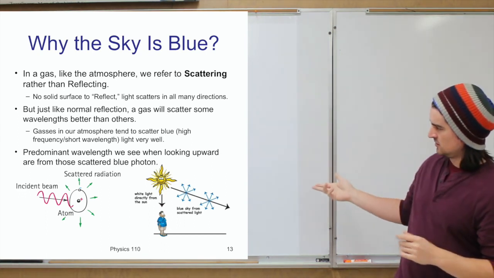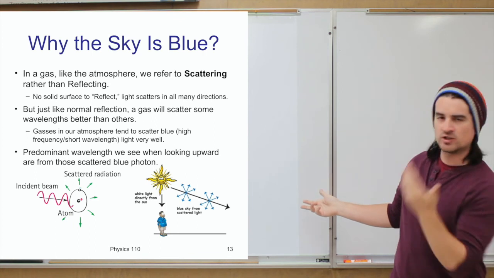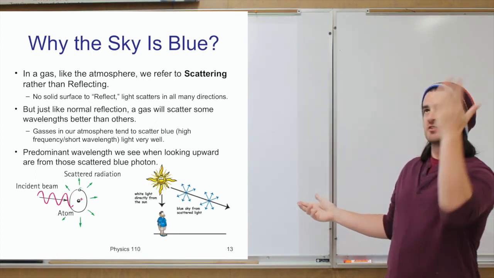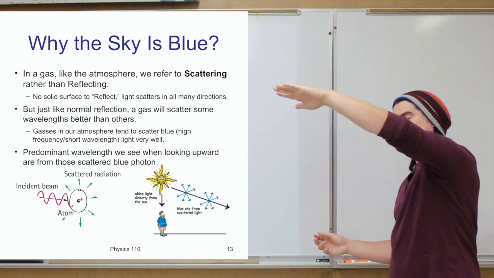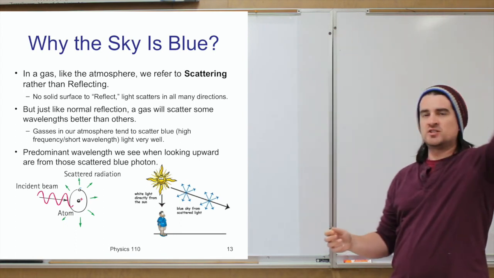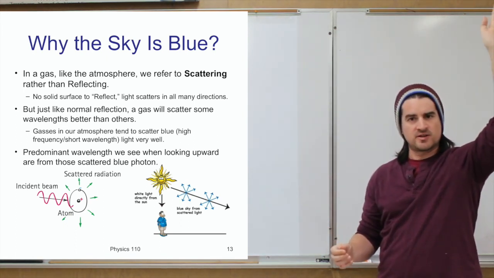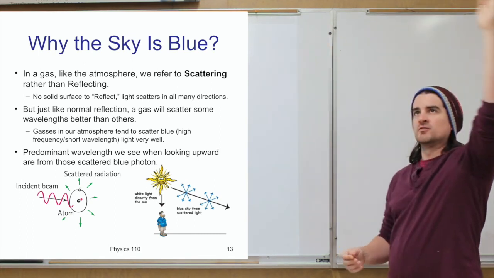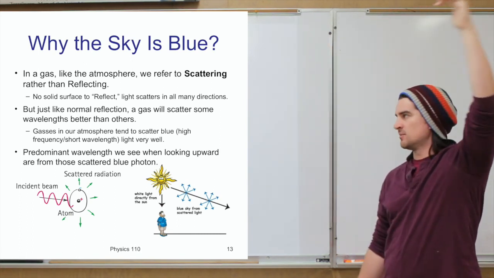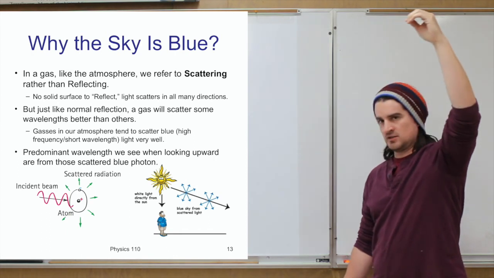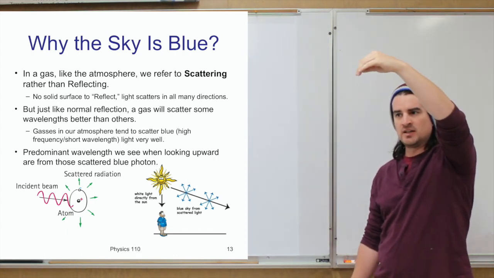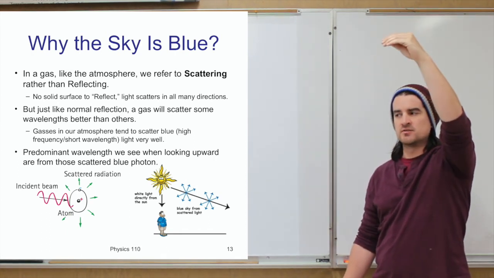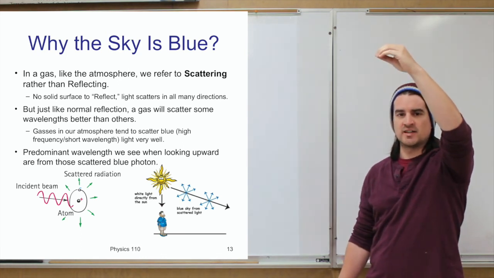So essentially in the picture on the bottom right here, you see that when you look up at the sky and the sun's somewhere in the general overhead area, what you're seeing, at least when you're not looking directly at the sun, I would not recommend looking directly at the sun, but when you're looking to the side, is light from the sun that's come down and hit the atmosphere, and the atmosphere has scattered mostly the blue light that's in that sunlight.